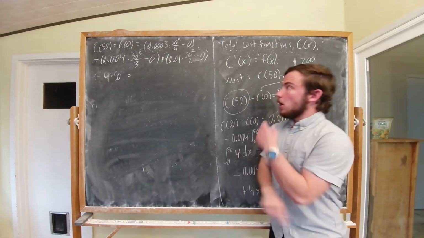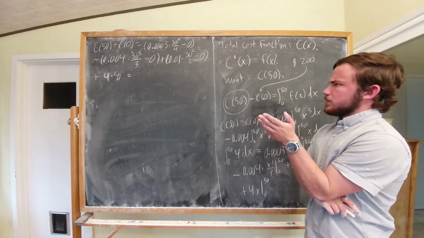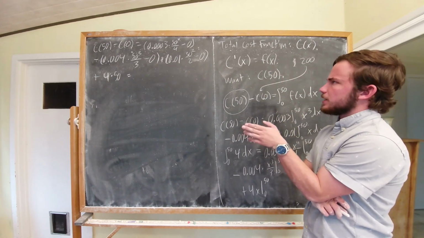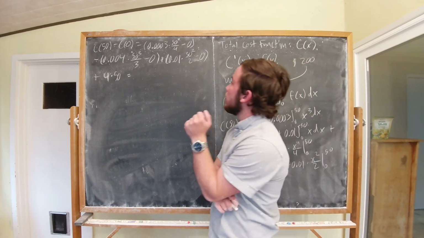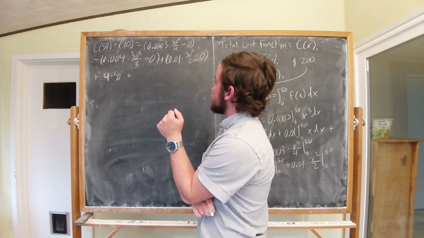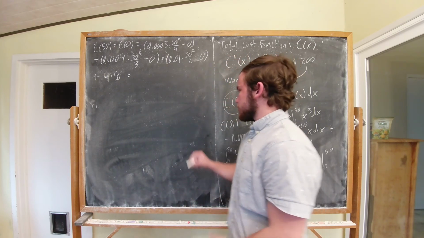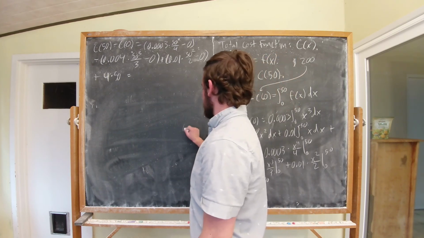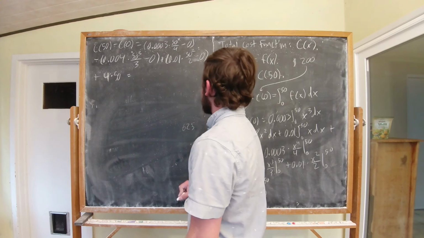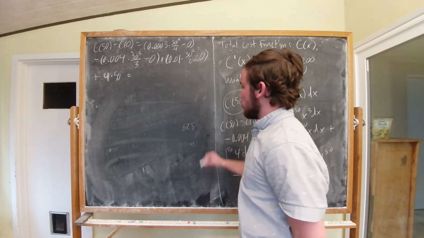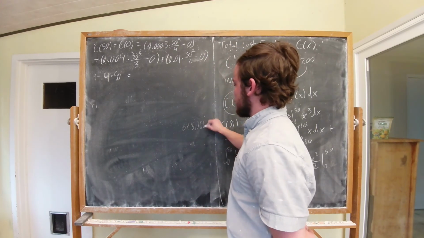Start running all of these computations. What do we get? Well, 0.0003 times 50 to the 4th divided by 4. 5 to the 4th is 625, and then I'm adding on 1, 2, 3, 4 zeros.